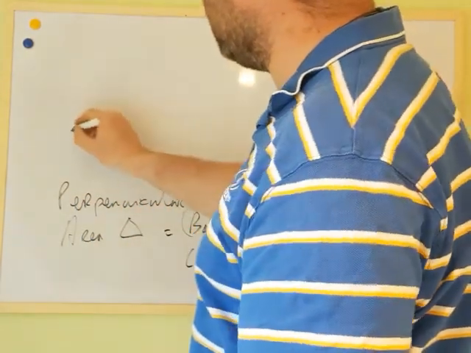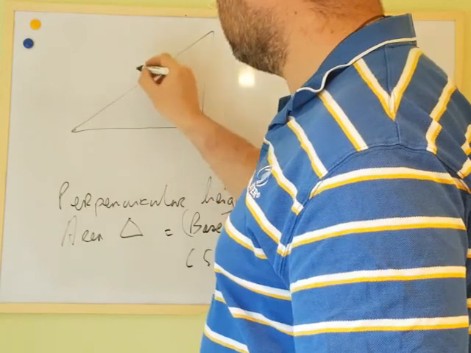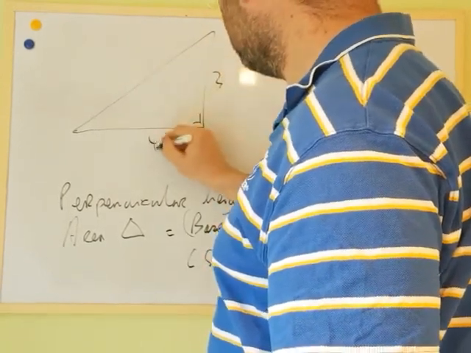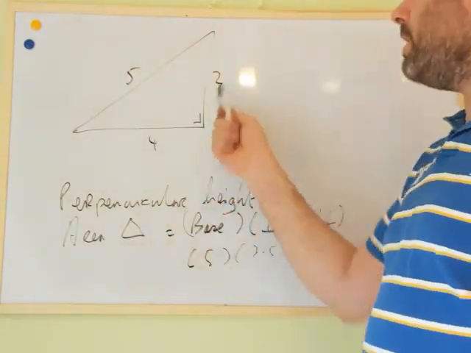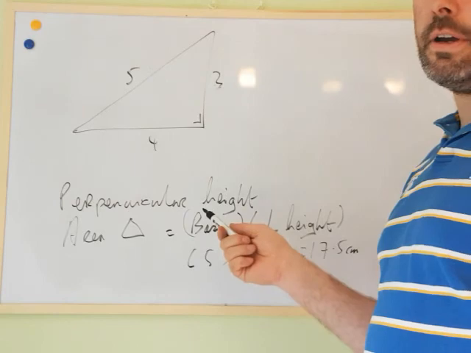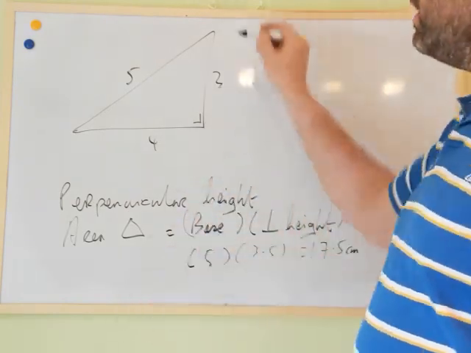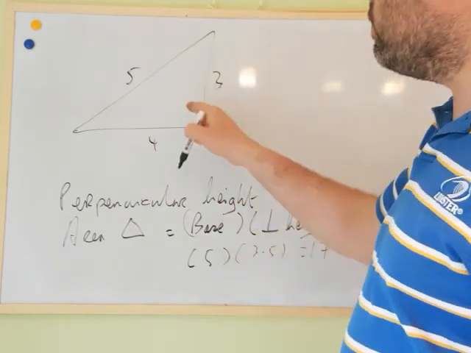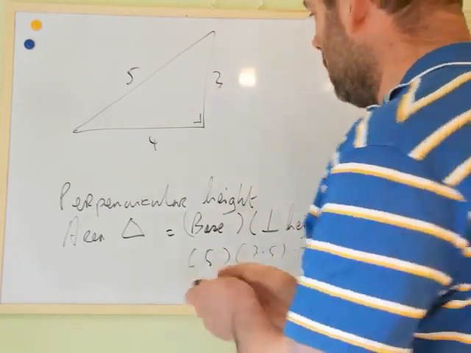Now, if my triangle is a right angle triangle, okay, this side is my base, this side is my perpendicular height. Because the perpendicular height is the side at the right angle going to the opposite corner point, okay? So in a right angle triangle, this would be my base and this would be my height.